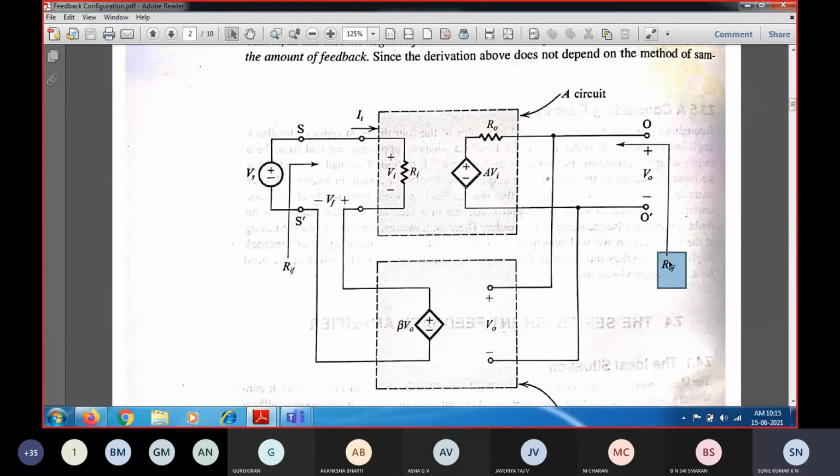ROF corresponds to the output resistance. On employing this feedback structure, we are going to get the output resistance with feedback, which is calculated from the output side and given as ROF.